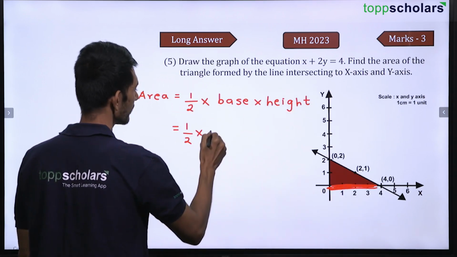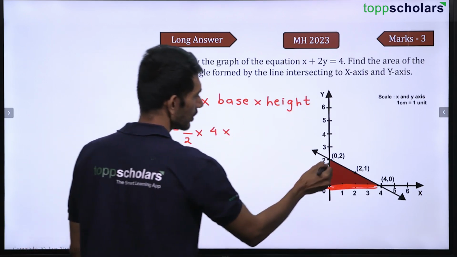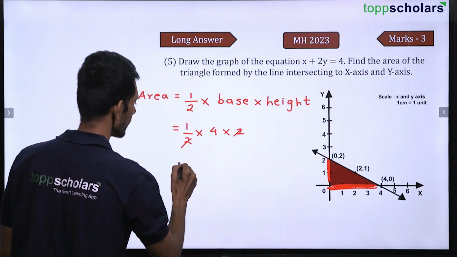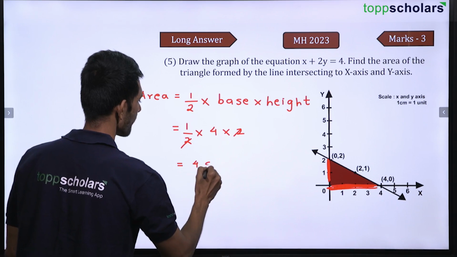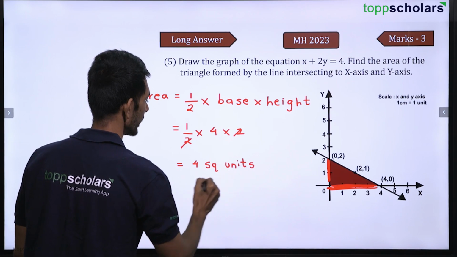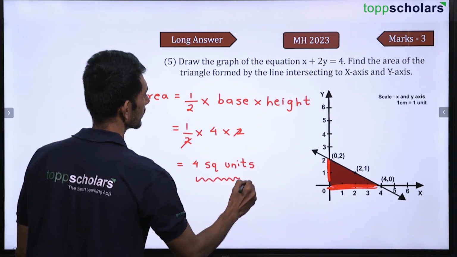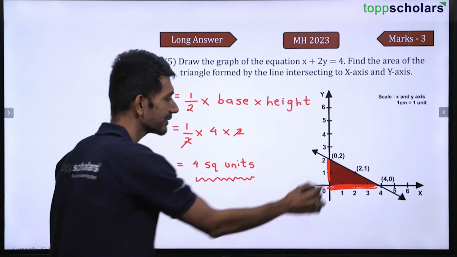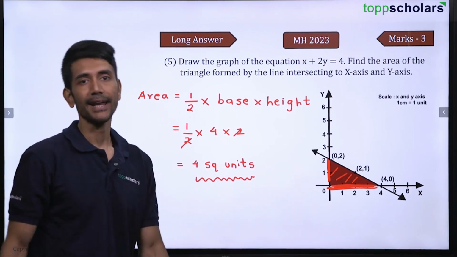What is the base? The base is 4 into, what is the height? The height is 2. 2 gets cancelled. You get 4 square units, right? So that's it, 4 square units is the final answer. That is the area of this particular triangle.